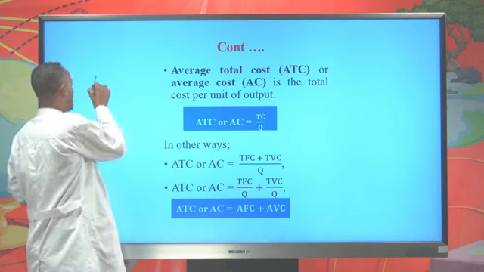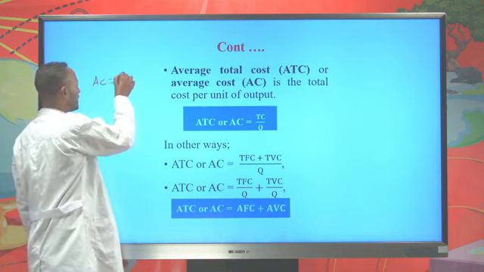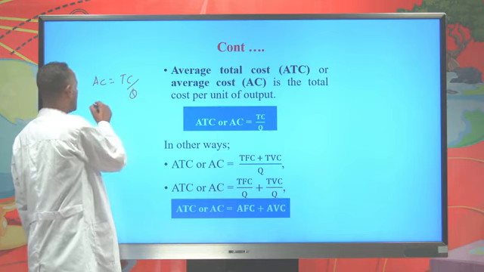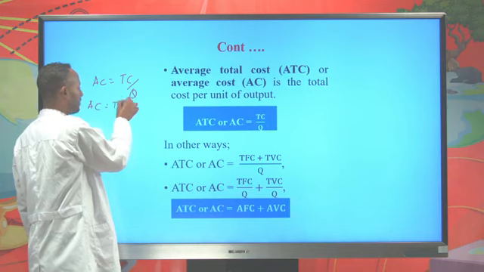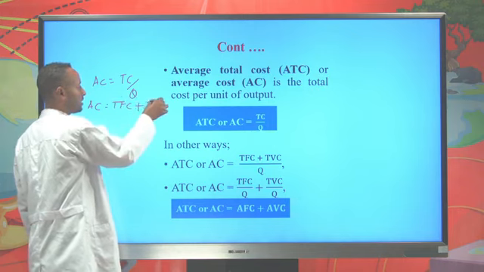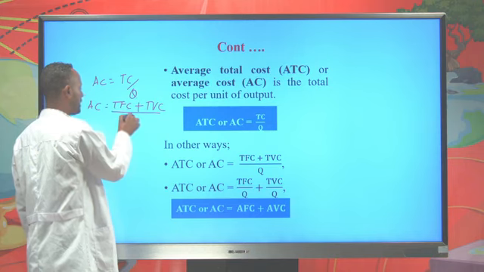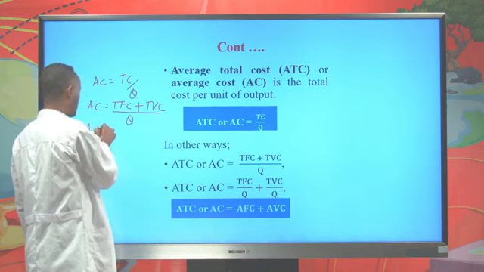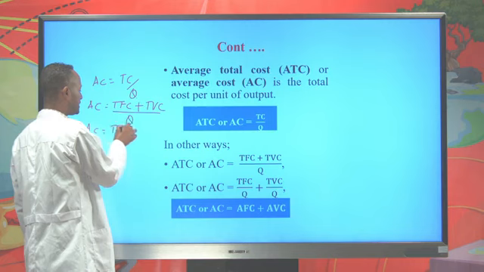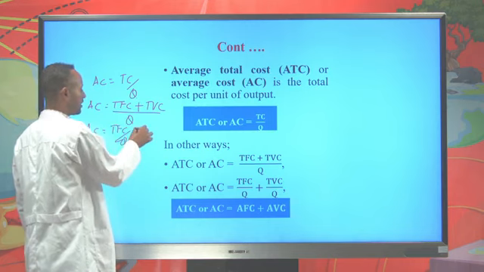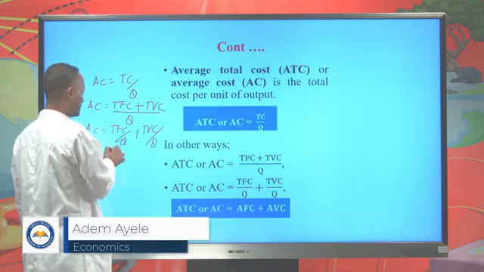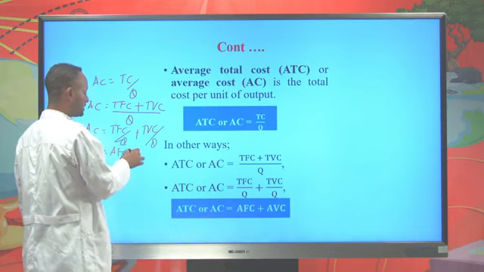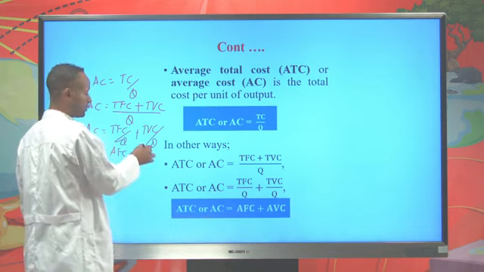But since the average cost of production is calculated by dividing TC by Q, and in the previous lessons we saw that the total cost of production is the sum of the total fixed cost of production and the total variable cost of production, divided by Q, when we rewrite this, the average cost of production is TFC divided by Q plus the total variable cost of production divided by Q. And from these lessons, total fixed cost divided by Q is the average fixed cost of production, and TVC divided by Q is the average variable cost of production.